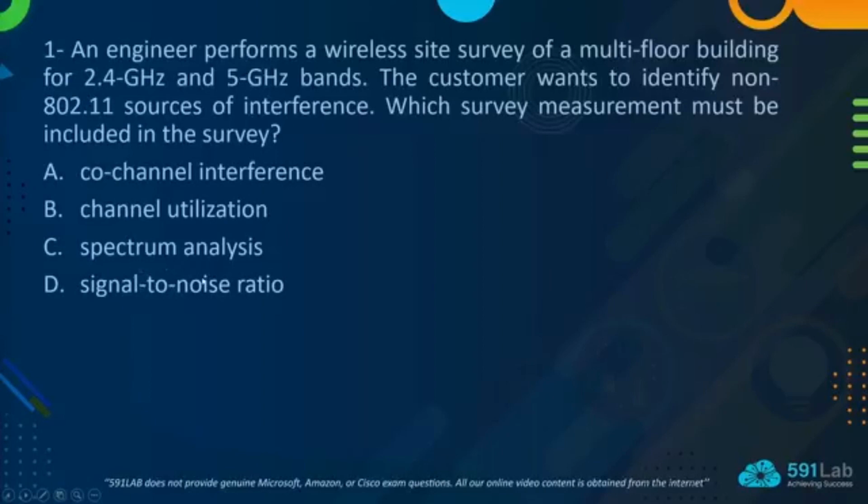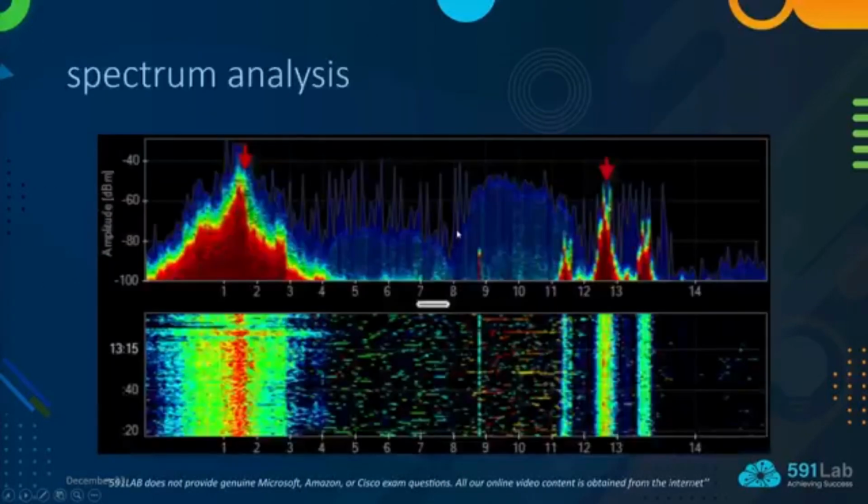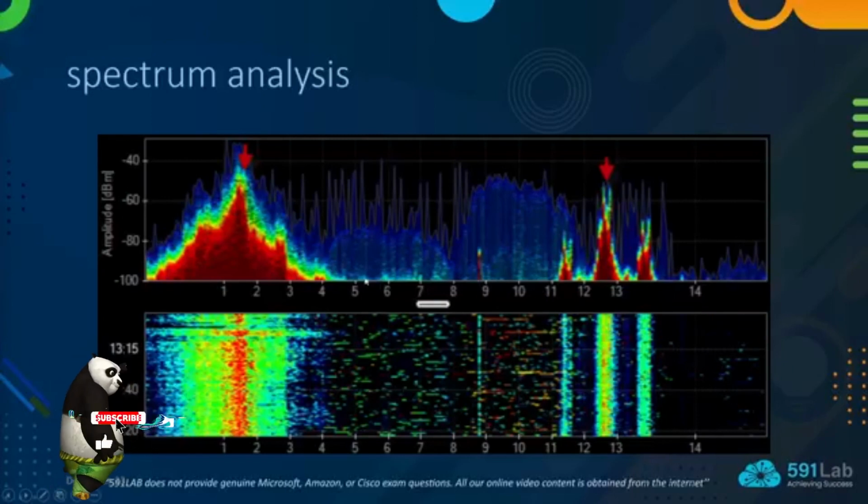But what about spectrum analysis? Spectrum analysis is the only thing here that can help us, because if we take a spectrum analysis just like this one, it shows us the channels from 1 all the way to 14 or 13. We can see at channel 1 we have a lot of interference here. It can be from multiple sources, but it depends on the shape of the interference that we have.